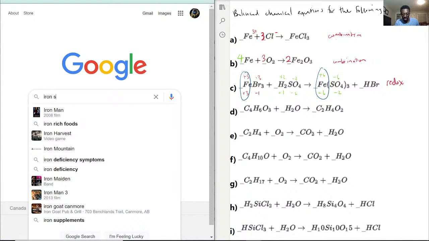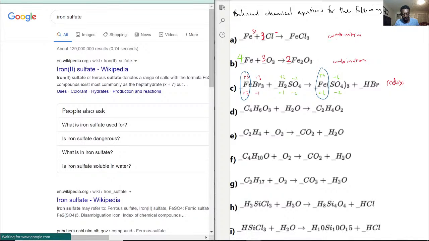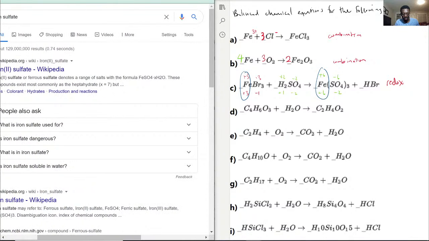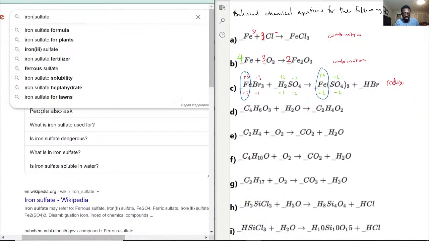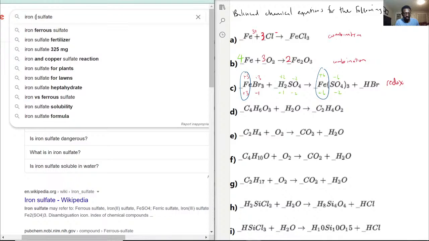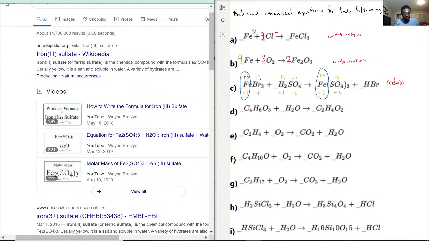But if I said iron sulfate, if I said iron 3 sulfate, because it looks like it is. Yeah, Fe2(SO4)3. Wow. So they give us, yeah. Okay.